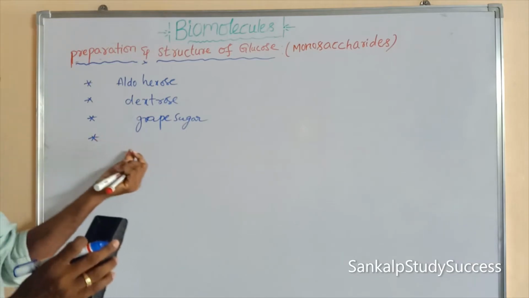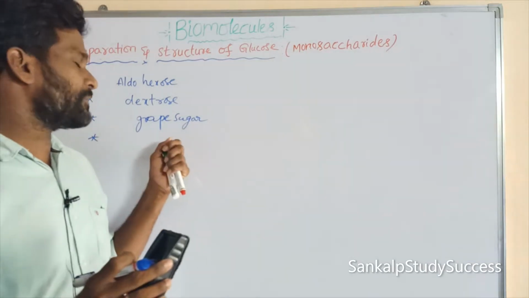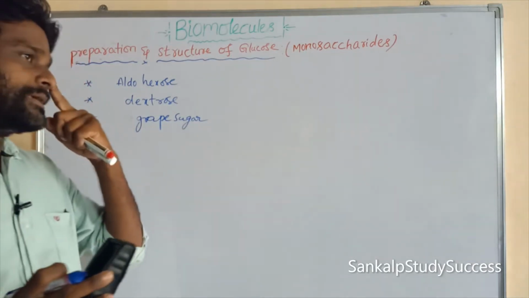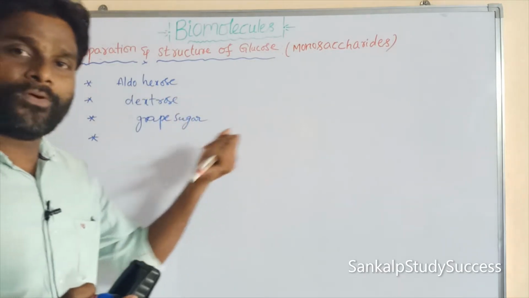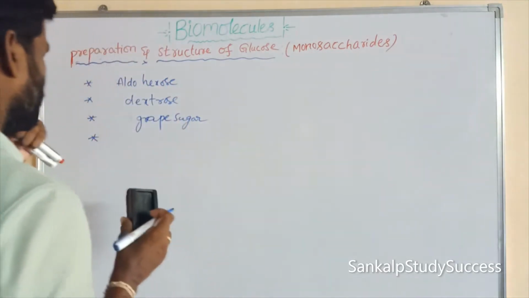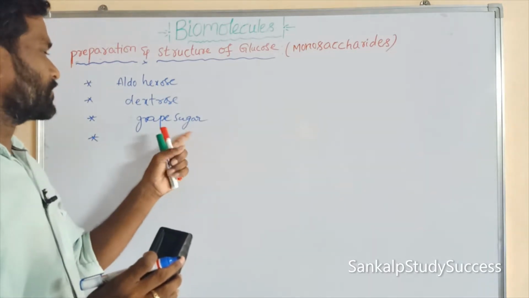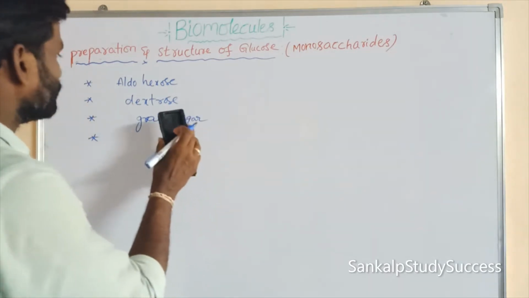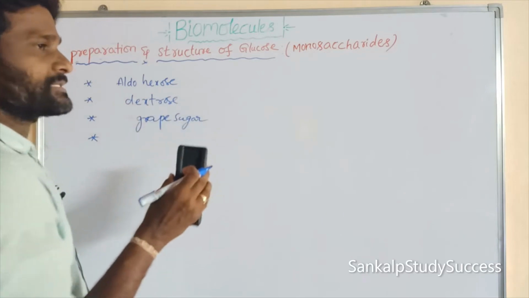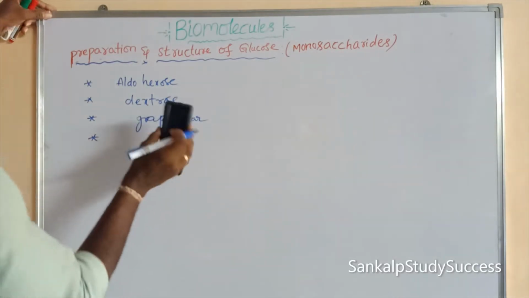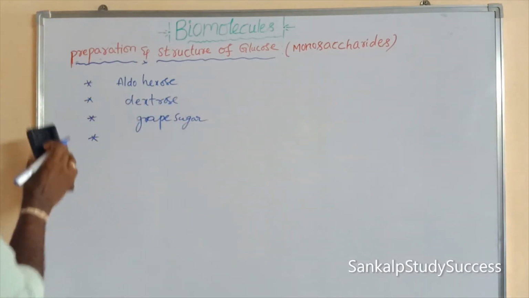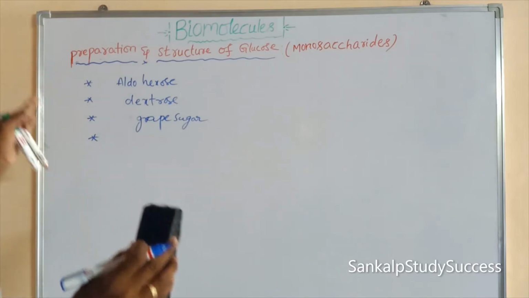In combined form, glucose is present in some disaccharides and polysaccharides. Disaccharides means sucrose, maltose and lactose, and polysaccharides means cellulose, starch, etc. So this is the introduction of glucose.